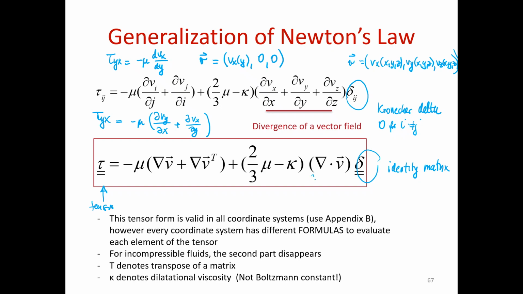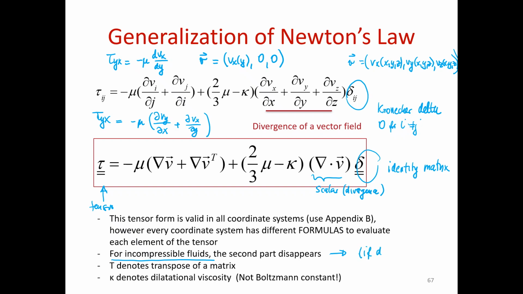This is just a scalar divergence. It's just a measure of whether I have a source or a sink at a point. For incompressible fluids of constant density, this is 0. So most of the time you're not going to have this. So this is for incompressible fluids, most often.